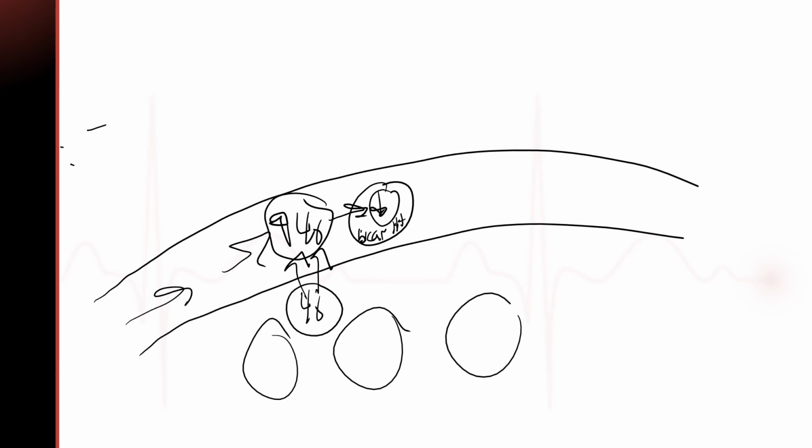And what's that going to do? It's going to cause the partial pressure of carbon dioxide within the blood plasma to fall. Why? Because carbon dioxide is moving from the blood plasma into the intracellular fluid of the red blood cell.